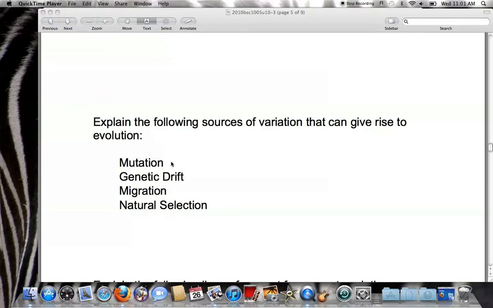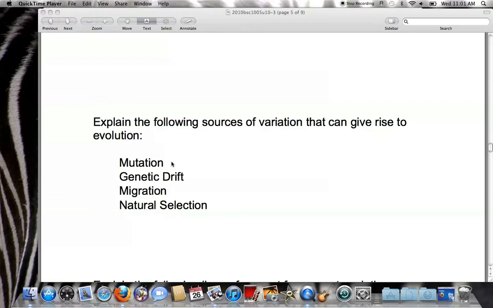Anyway, if the mutation is a good one, then usually that will benefit the organism, and the organism can pass this mutation on since it is in its genetic makeup. Then the offspring will have this mutation, and it will continue to get passed into the population. And if it's good, then hopefully it will help that population to survive.